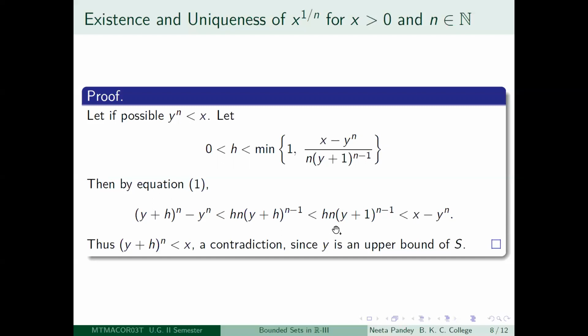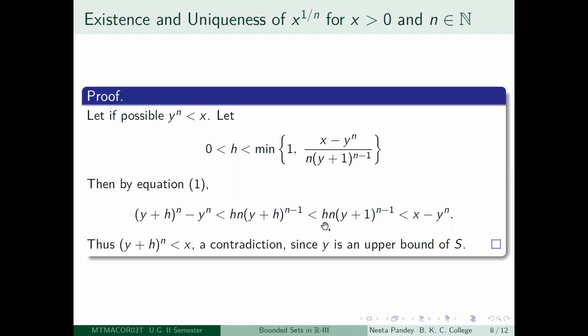This is what we want. So if I can somehow show that whatever ugly looking thing I have got here is less than x minus y to the power n, then I will be able to cancel out y to the power n on both sides, and I will get y plus h to the power n is less than x. So how can I ensure that this is true? I have only one thing which I can change, and that is h.